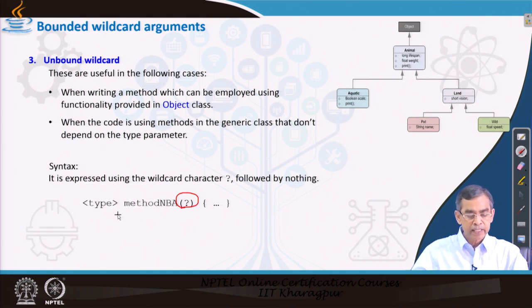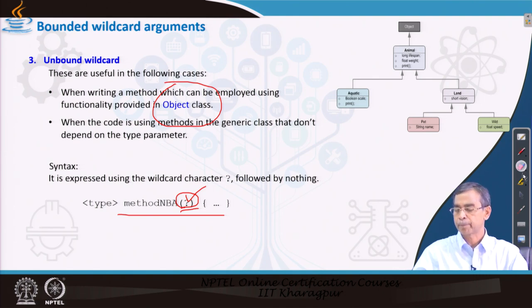If this method is declared with unbounded arguments, then it has scope to any methods defined in the Object class, and the code methods in the generic class do not depend on any type parameter. So, it is basically the same as the wildcard concept that we discussed in the previous example. It is the same, only it is related to the Object class only.